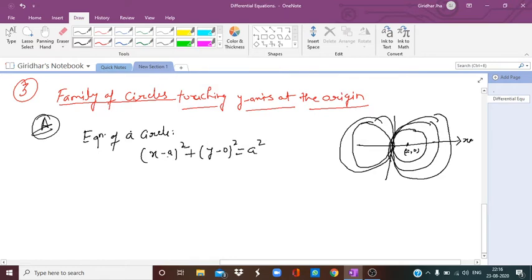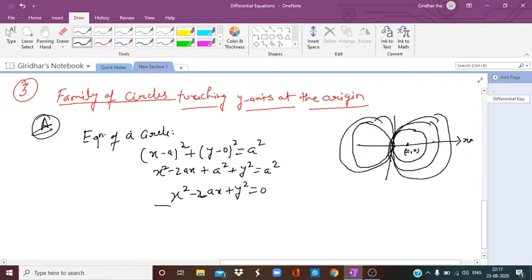So the equation will be x minus a whole square plus y minus 0 square is equal to a square. Now we expand this equation. So x square minus 2ax plus a square plus y square equals to a square. So finally we have x square minus 2ax plus y square equals to 0.